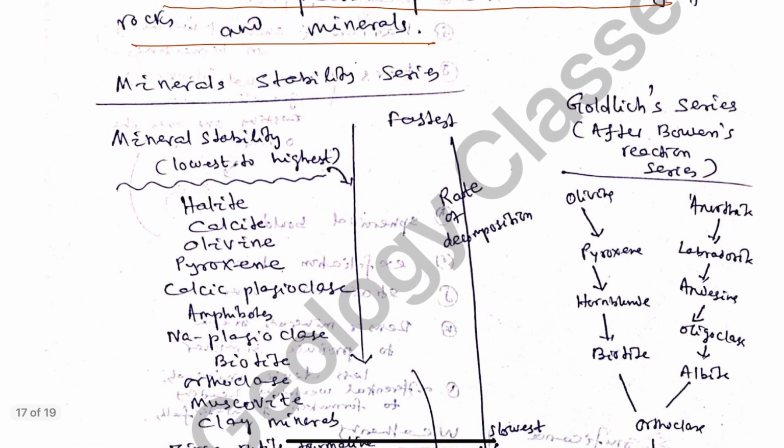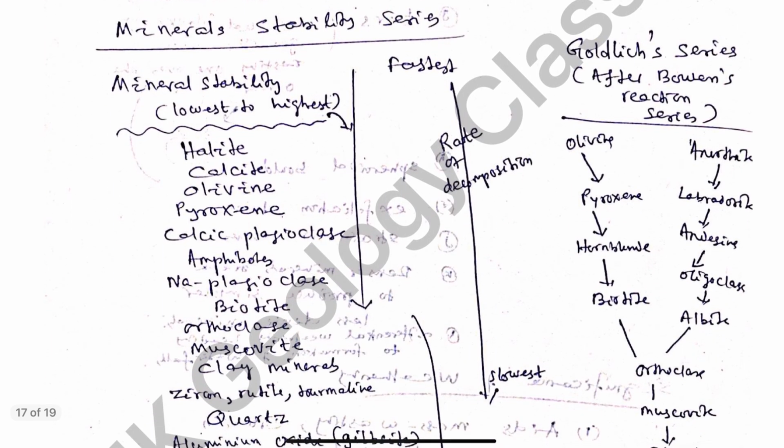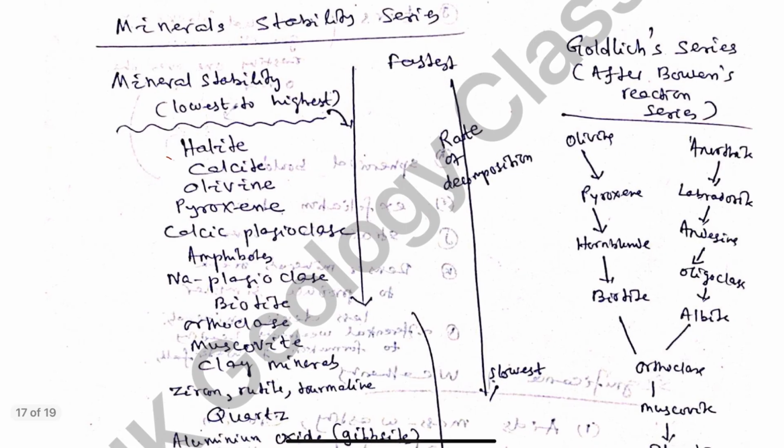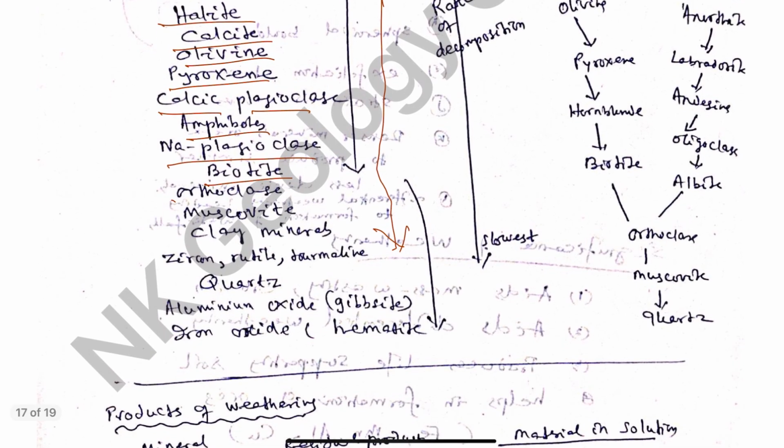And here is the mineral series arranged in order of their increasing stability. The halides and calcites are least stable, then olivines, pyroxenes, calcic plagioclases, amphiboles, sodium plagioclases, biotite. So in this order the stability increases from the top to the bottom.